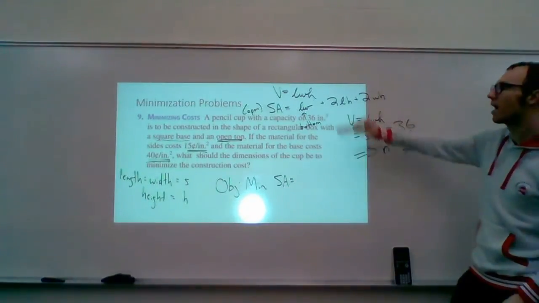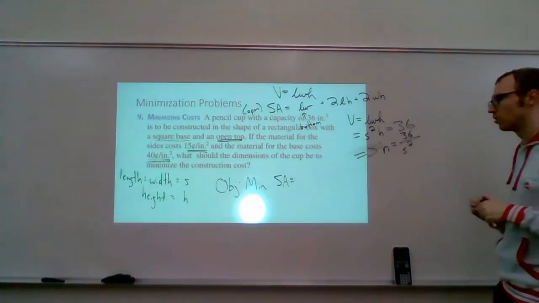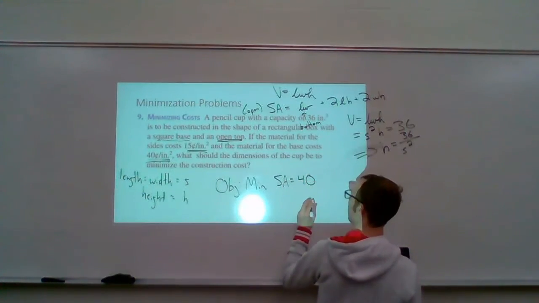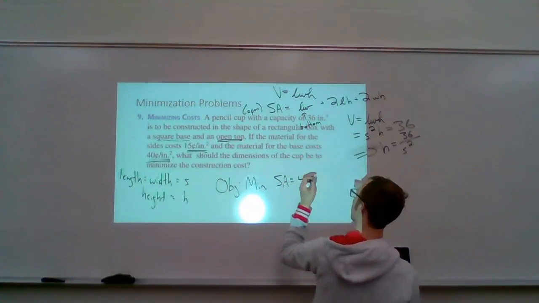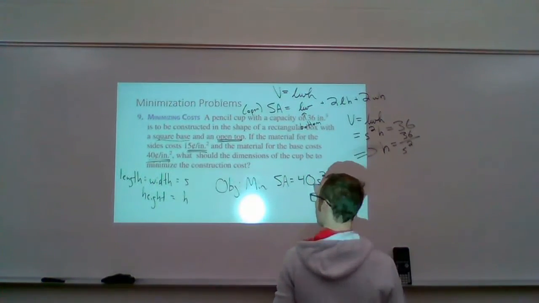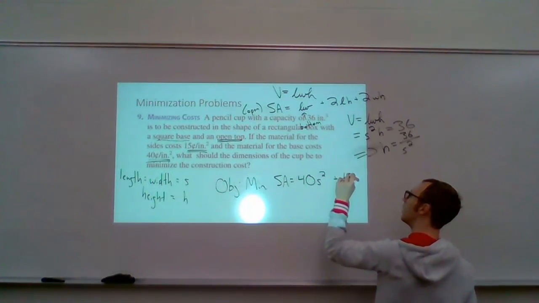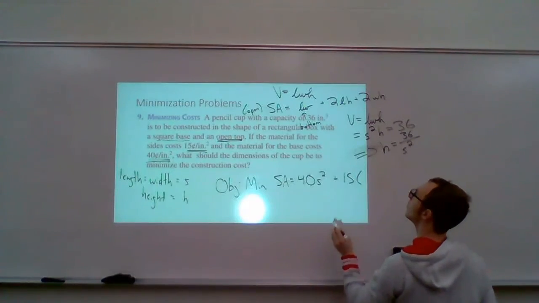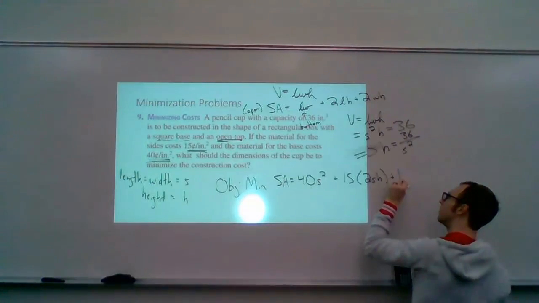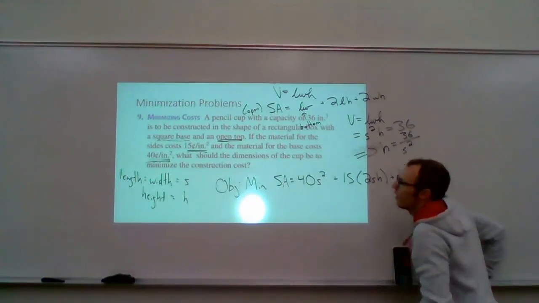So let's start with the base, the bottom. The base costs me 40 cents per square inch. So I'm going to say that's going to be 40 times the length times the width. The length times the width. So times S squared plus 15 times 2SH plus 15 times another 2SH.